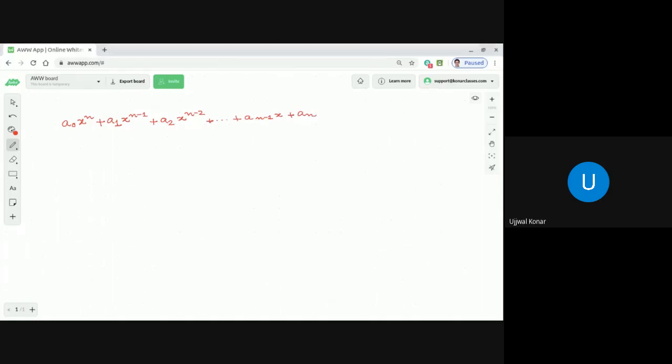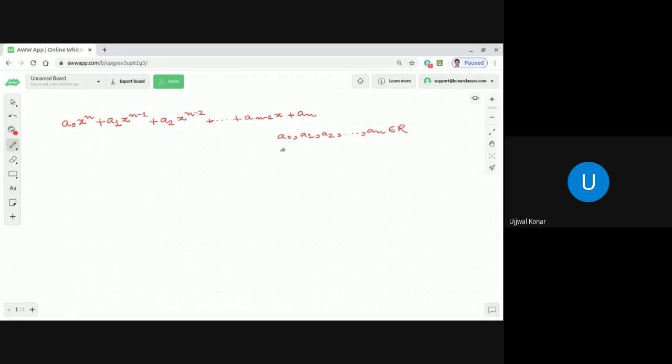Okay. Now, all these are real numbers, by the way: a0, a1, a2, and in that way you go to an. These all belong to the set of real numbers. Okay, what is n?